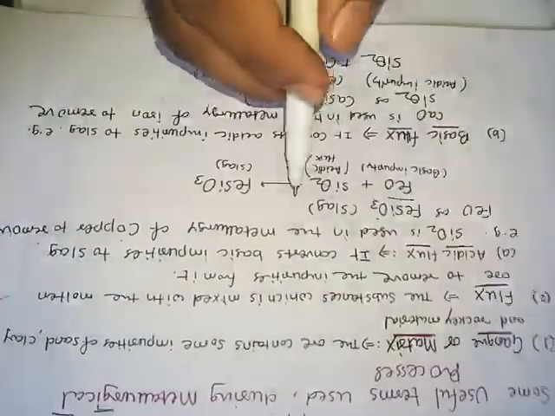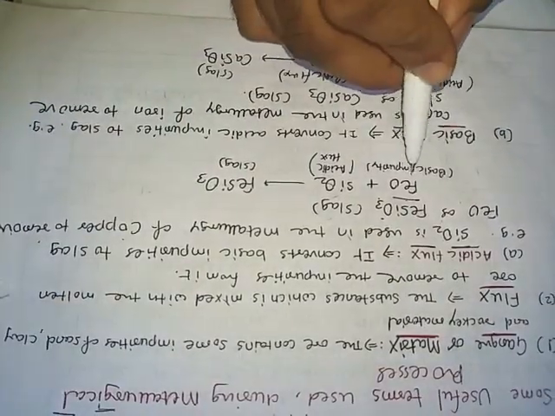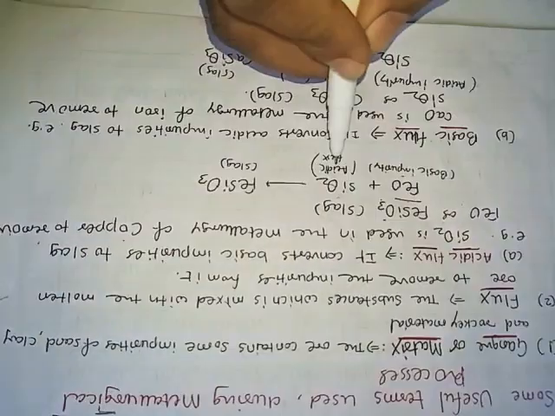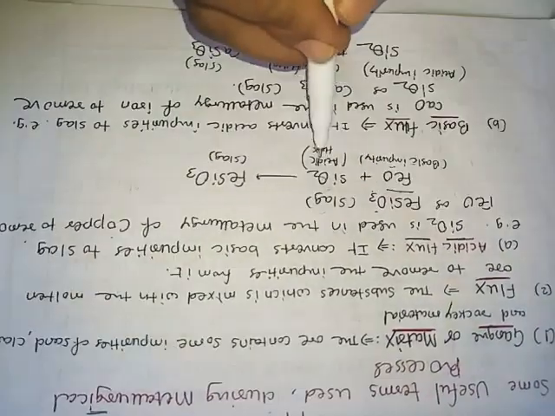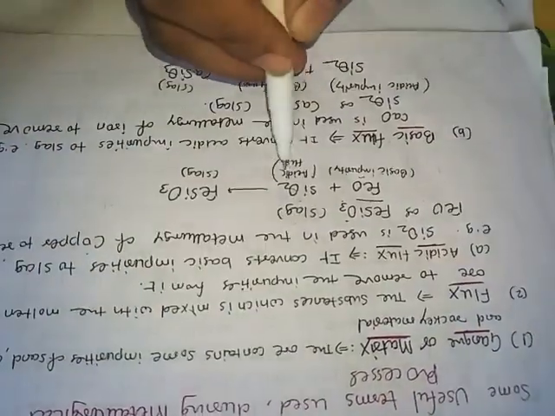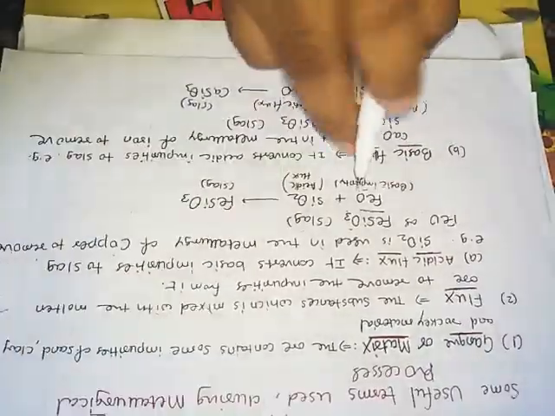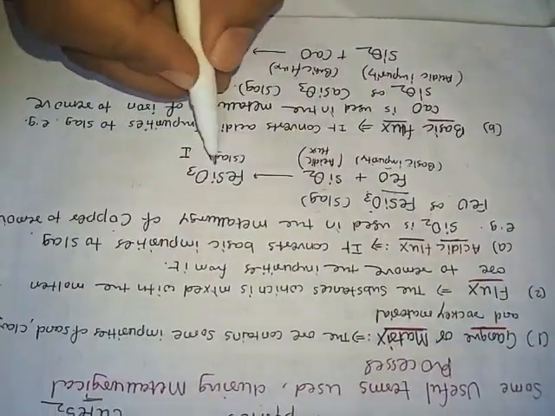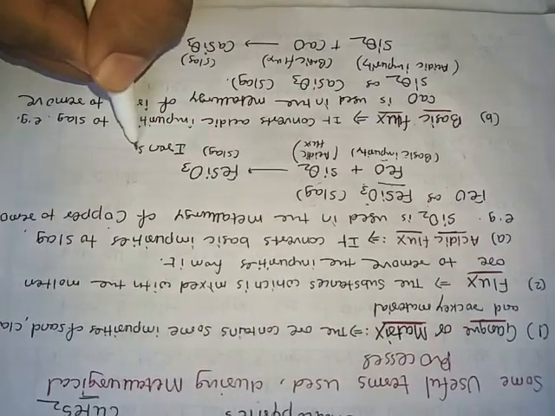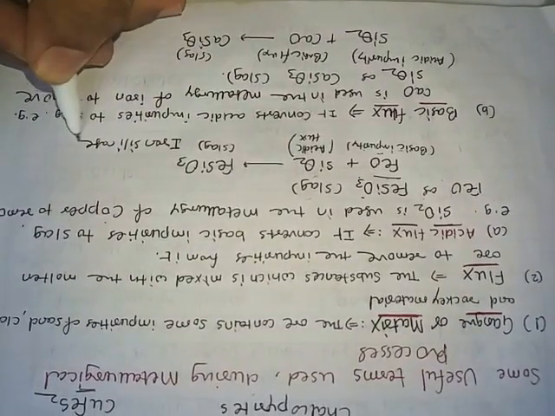So this basic impurity we have to remove, and for that we add acidic flux, that is SiO2. We get iron silicate as a slag, which is an infusible mass.